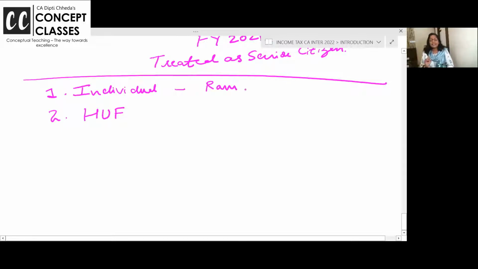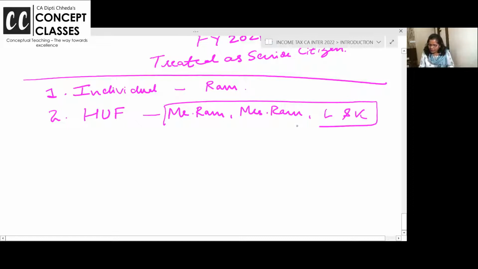He is filing his own return. Now he got married. Mr. Ram, Mrs. Ram, and their sons, Luv and Kush. Now Ram has got one ancestral property from his grandfather, and grandfather declared in his will.